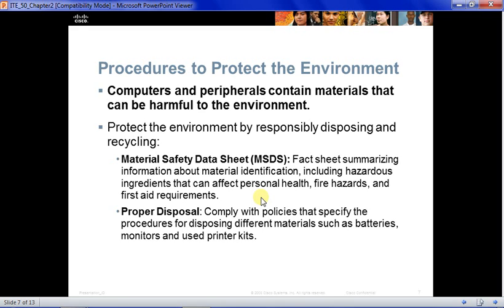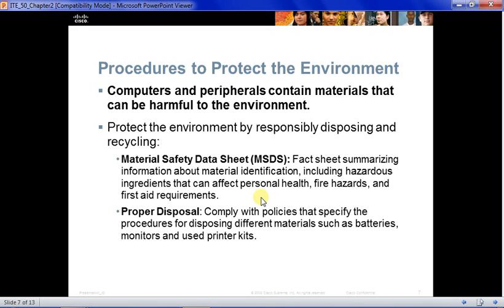Most workplaces will have an MSDS on display, so procedures can be followed if there should be contamination or someone is exposed or harmed by certain materials.